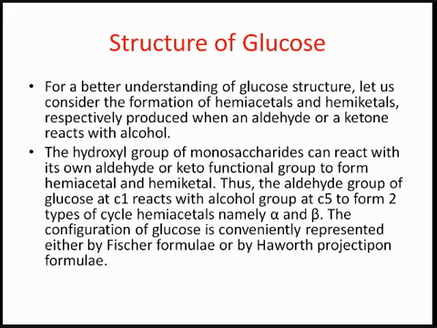So here, how the aldehyde group reacts with the alcohol. If you see the glucose structure, the OH group of carbon 5 is held towards right side, which reacts with the carbon 1, that is aldehyde group. It is very important to know.